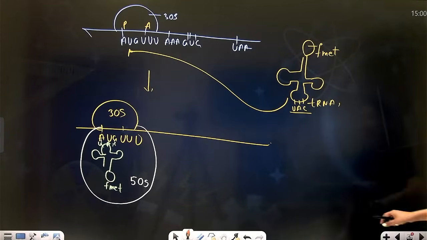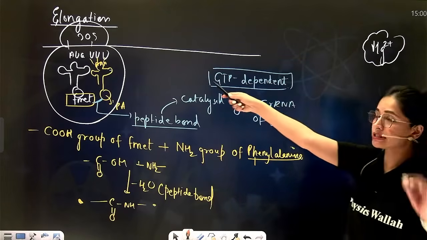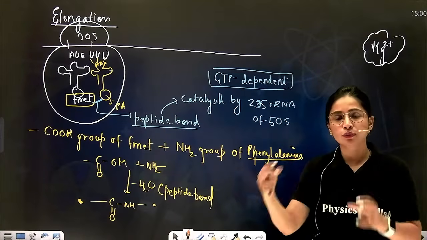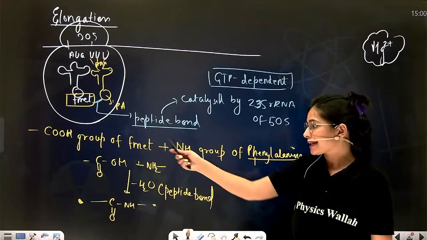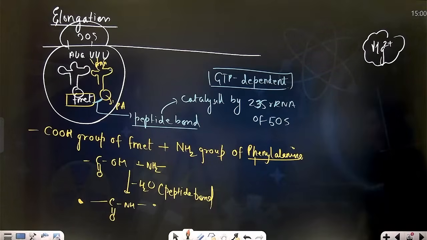Soon after this, another tRNA respective to the next codon comes, and then a peptide bond is produced between the 2 amino acids of the tRNAs at the P and A sites, catalyzed by the enzyme peptidyl transferase. This is GTP dependent.